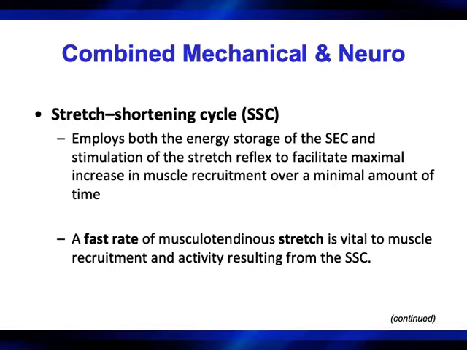This physiology underpins how you're going to prescribe exercise and train a client. You need to make sure that, one, they're fresh, and number two, they're going to be pre-stretching really quickly. So this means that you need to maximize this overload of the pre-stretch in order to get the adaptation that you're desiring.